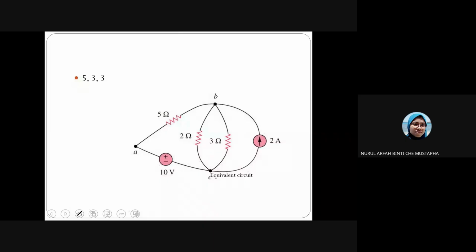Okay, so the theorem anyway is dependent nodes minus one.